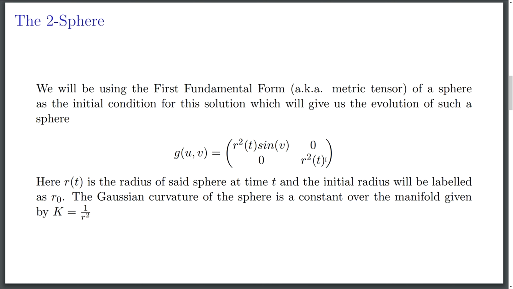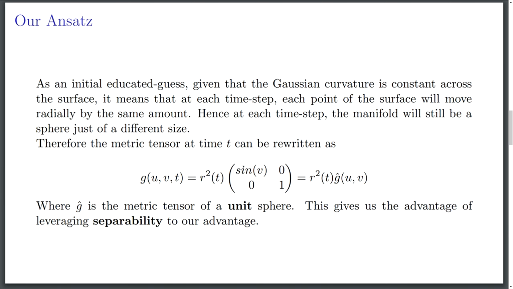But if r is a function of t, it could be factored out of this equation, like I did here, which would give us that our solution to this partial differential equation is actually a function of t multiplied by a function of u and v.